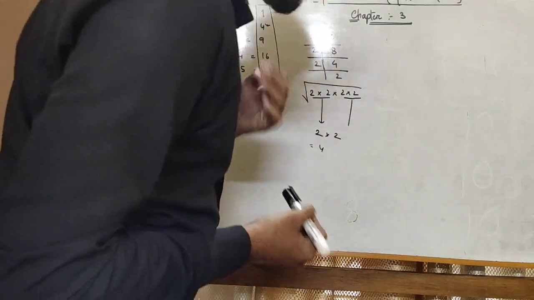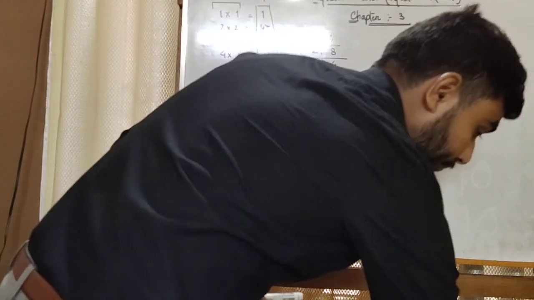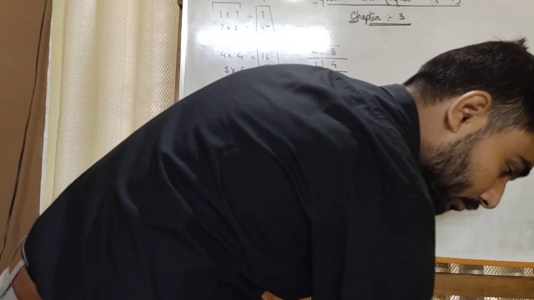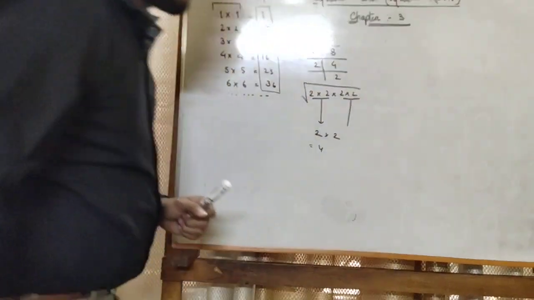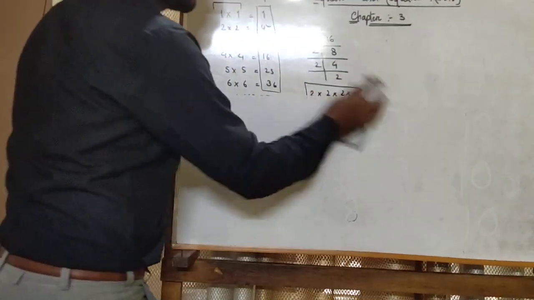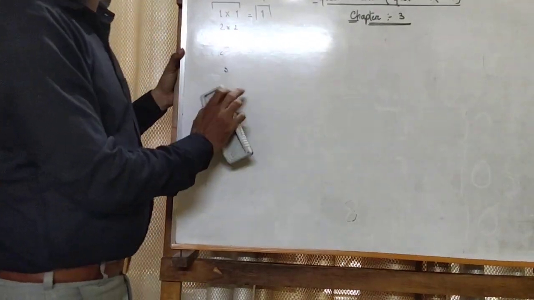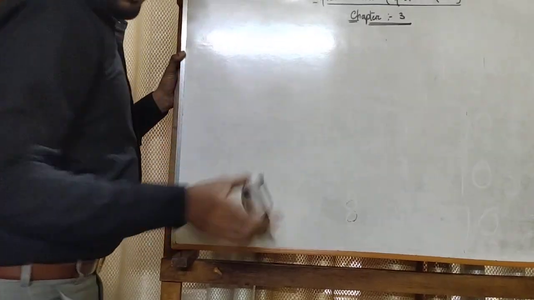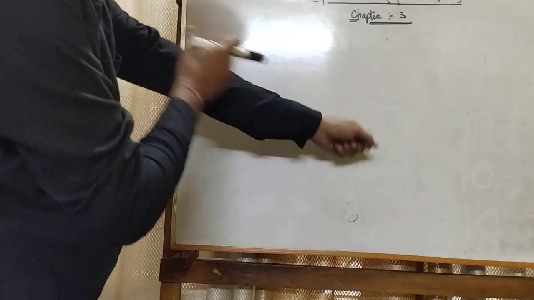Now let's see. There is a topic in the book, perfect square. Now what is a perfect square?